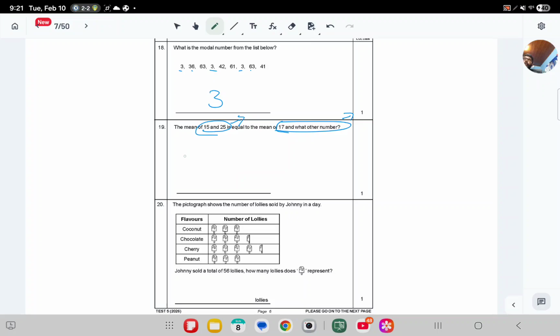Because that's the only way when you divide it by 2, you'll get the same mean. So to find out what the other number is, first we need to find the sum. So 15 plus 25, that will give us 40. So to find out what the number is, it will be 40 take away 17, which is equal to 23.